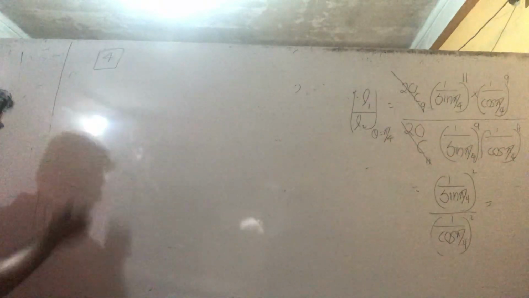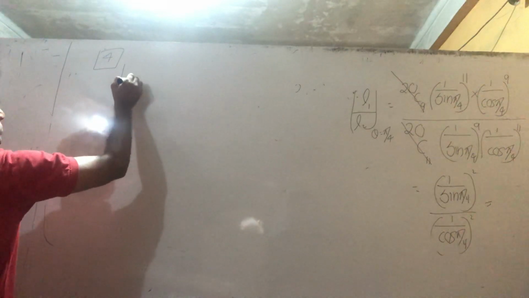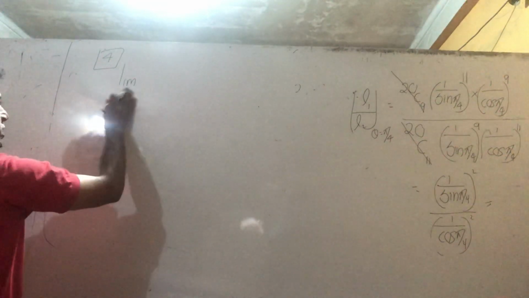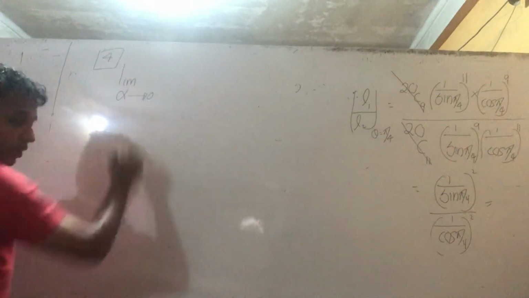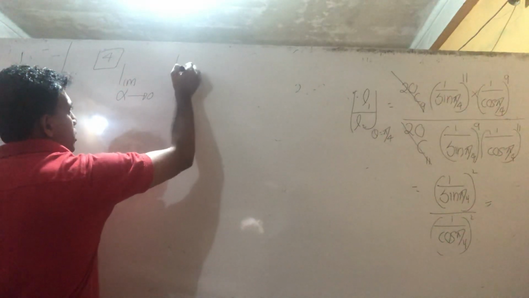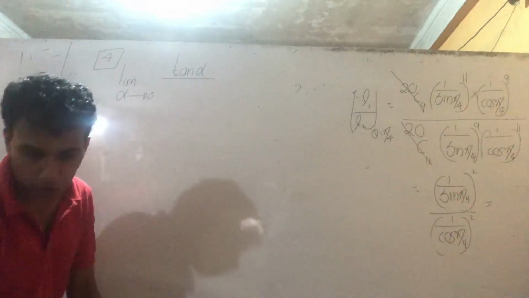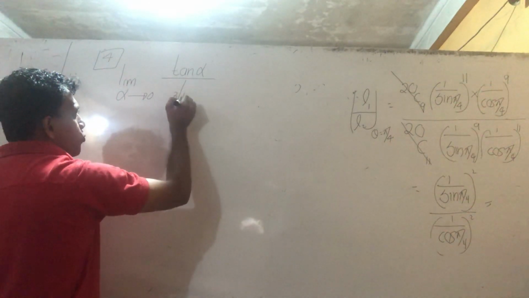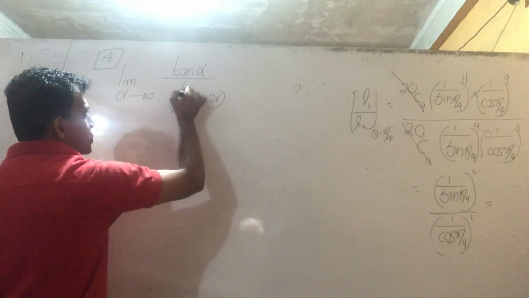Problem number 4, limit question. Limit as alpha tends to 0 of tan alpha over the third root of 1 minus cos alpha, all squared.